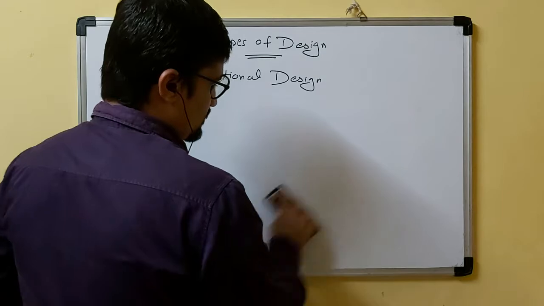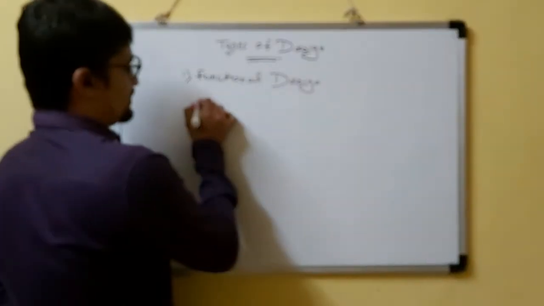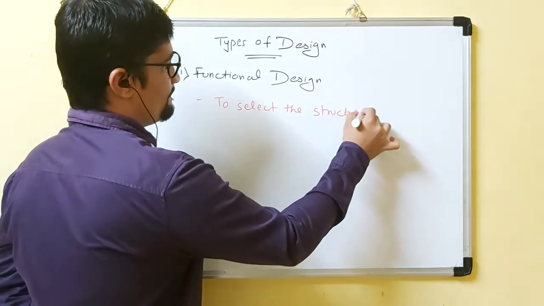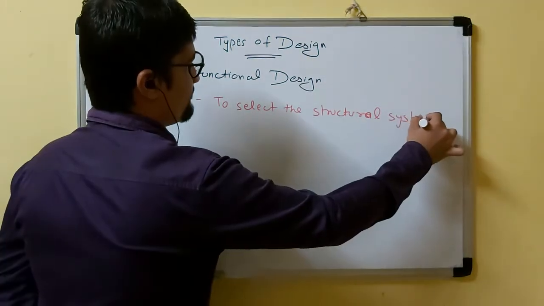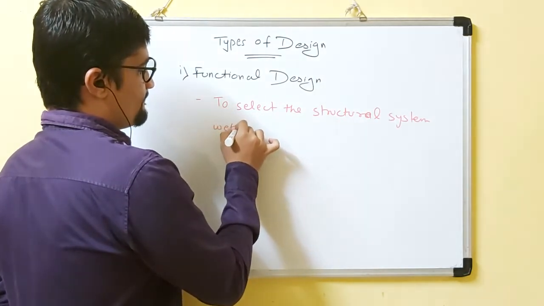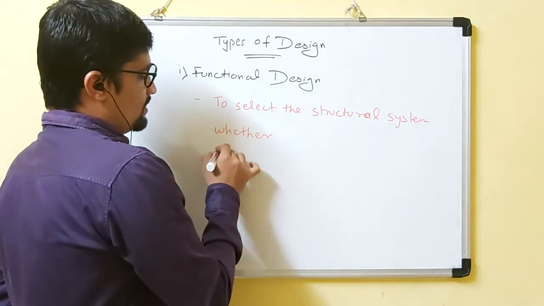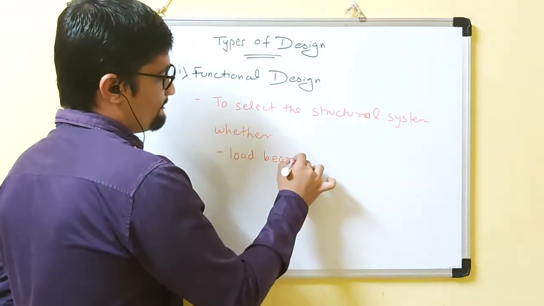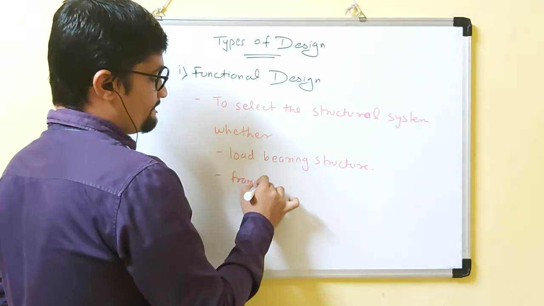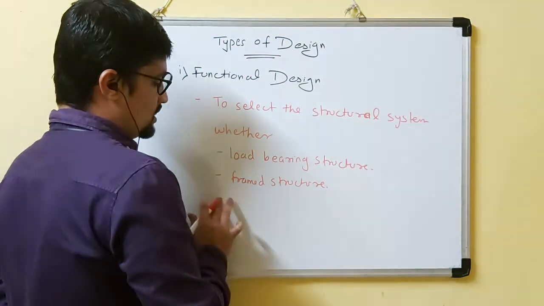There is another job that the architect has to do, to select the structural system, whether it will be a load bearing structure, a frame structure, or a steel structure.